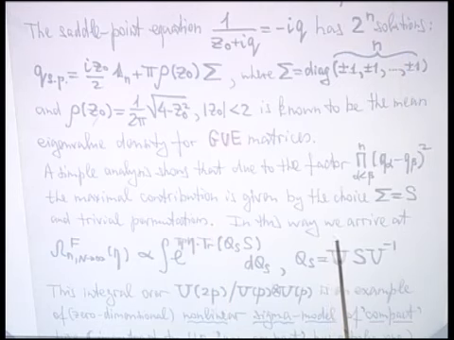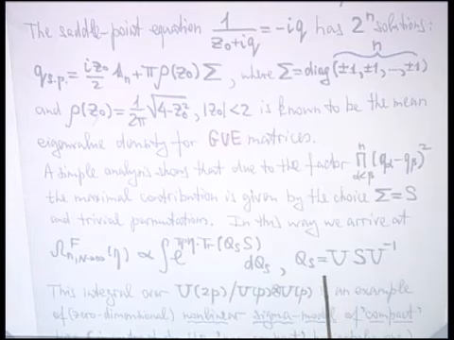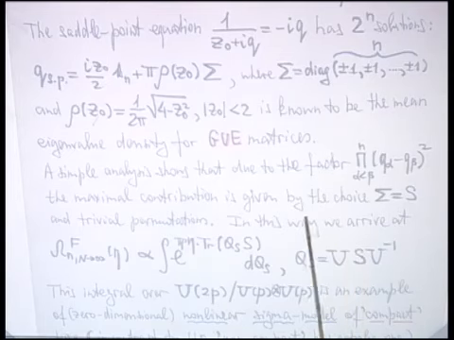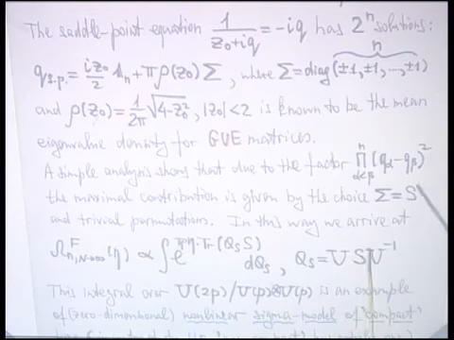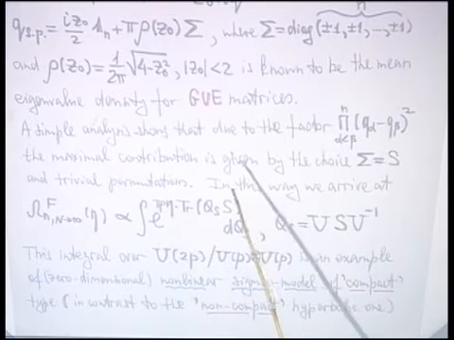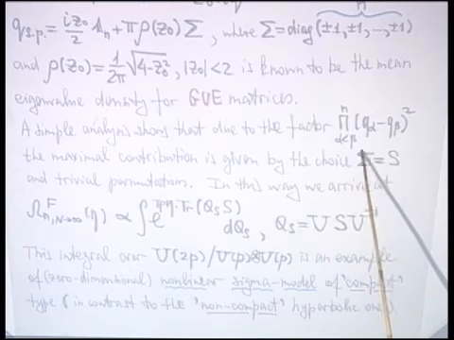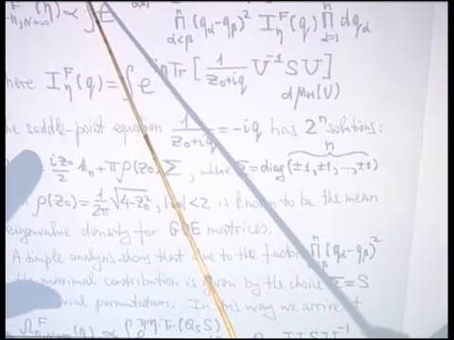It's quite clear, and direct analysis shows this, that what you are after is the combination of saddle points which has the least number of vanishing factors, because this will obviously give you the dominant contribution. And basically you then find that the maximal contribution comes from the choice when this matrix sigma is nothing else than your S, which has exactly half pluses and exactly half minuses, and its trivial permutations.